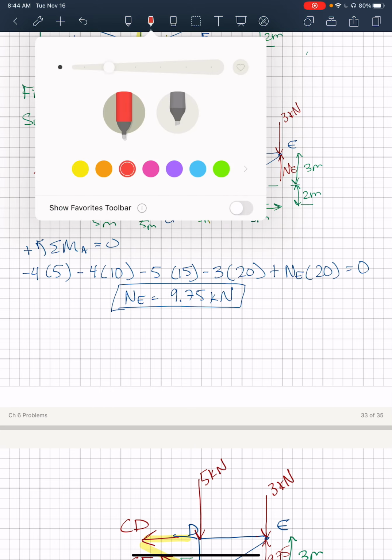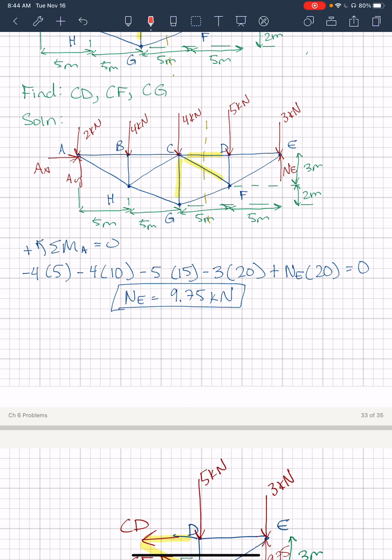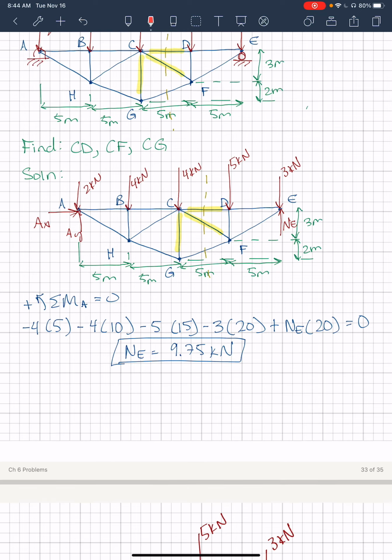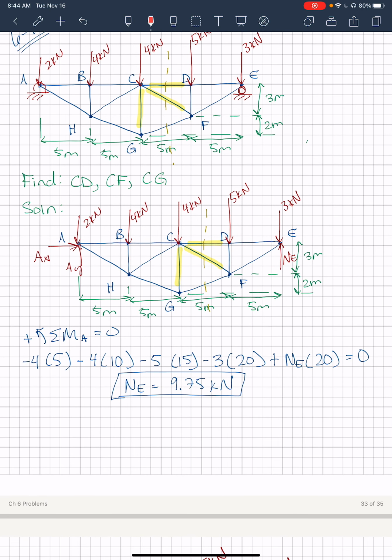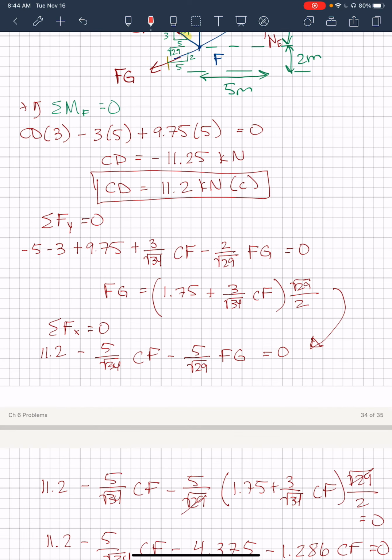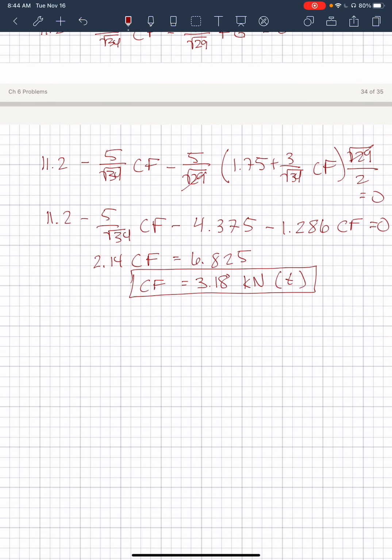Let's see, it's CG that we need. So if we did joint C, we would have too many unknowns, but we can do this joint G. And so for joint G, we actually do need to have FG. So I'm going to solve for FG also.